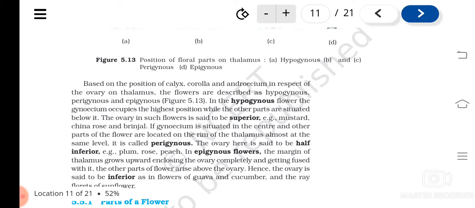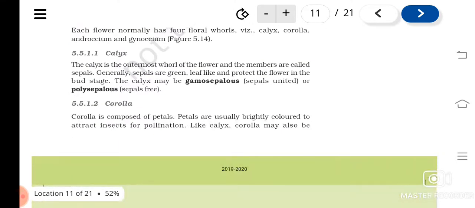Epigynous means the ovary is inferior and the flower is said to be epigynous. And if the ovary is half inferior, then the flower is perigynous.